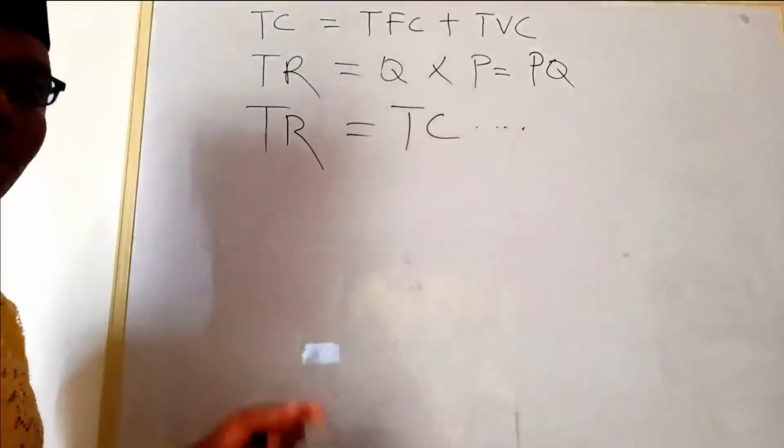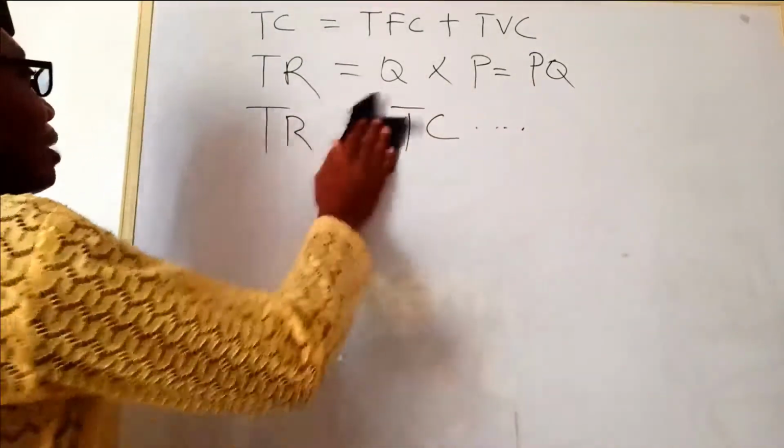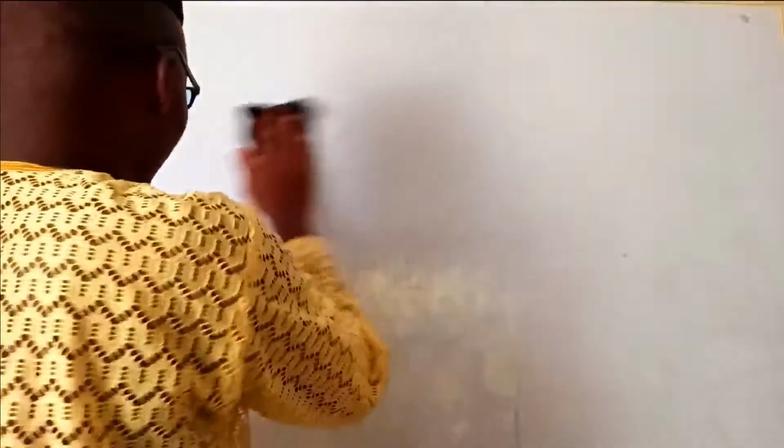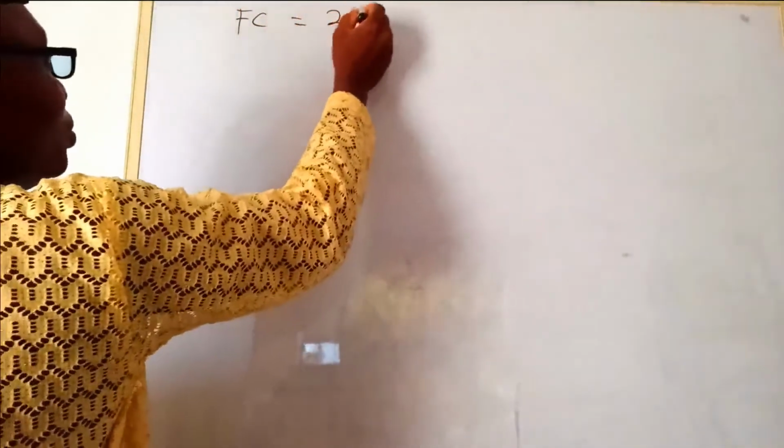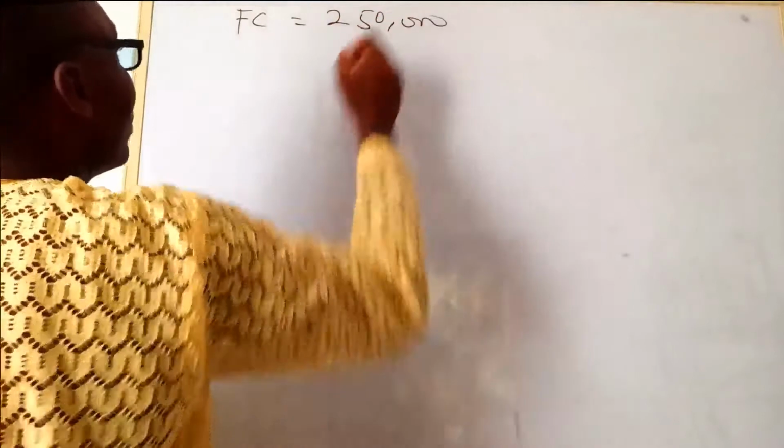So with all these formulas, I think by now we should be able to solve the question, maybe with a little bit of mathematics knowledge. So now we go to the question. A firm, they say, is operating in the short run. Its fixed cost is 250,000.